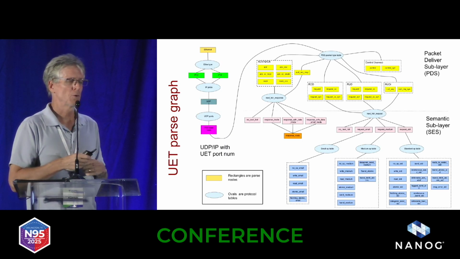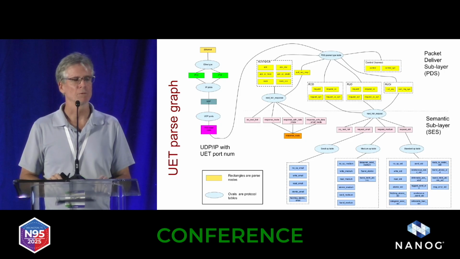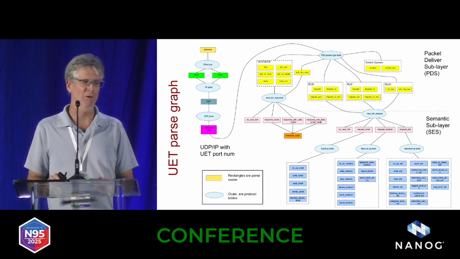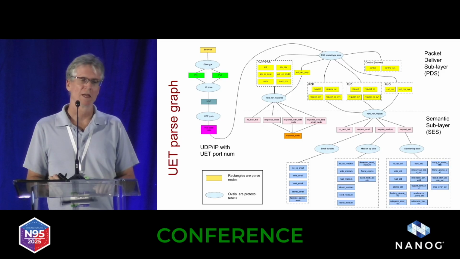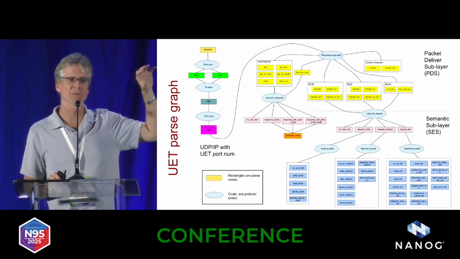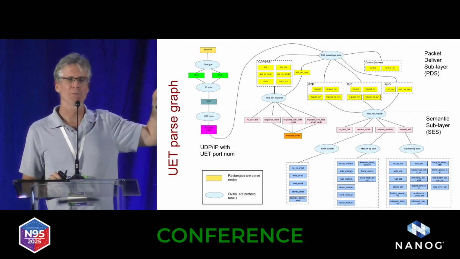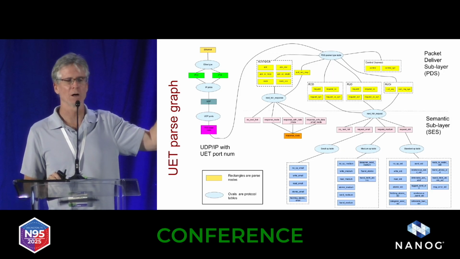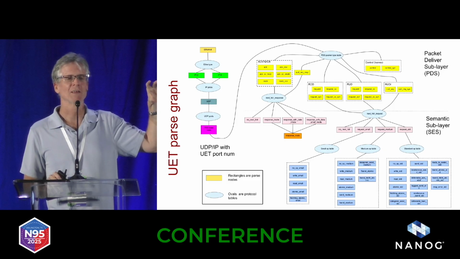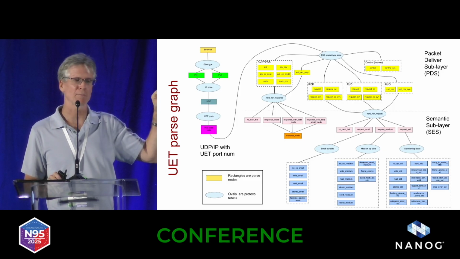Just to give you an idea of the complexity of this, this is what I call the parse graph for UET. It has two main areas. The yellow nodes are the packet delivery sublayer. But if you look at that, there's actually, what do we have, five, maybe six different classes. And each class has four different packet types.